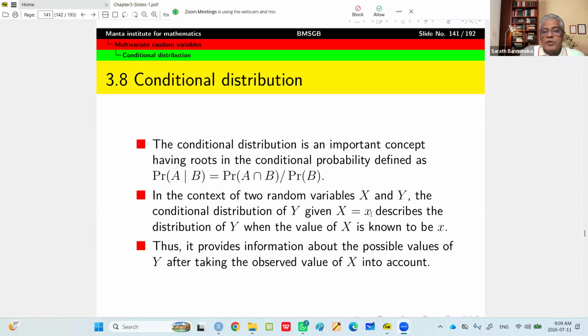So it will provide information about the possible values of Y when X is fixed at a given value small x. We can talk about this for discrete cases as well as continuous cases, right? When both X and Y are discrete as well as when both X and Y are continuous.